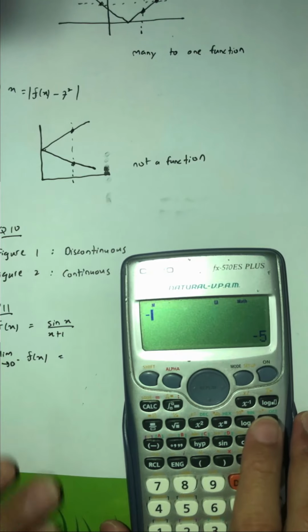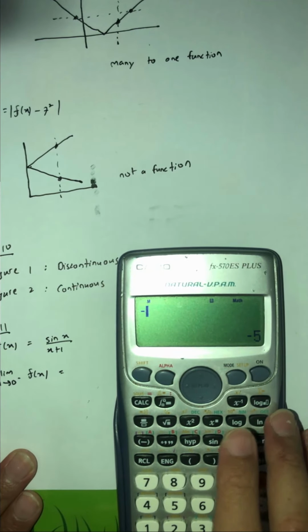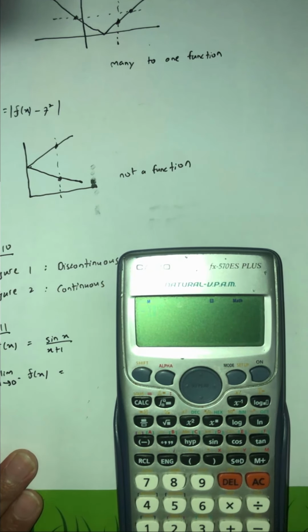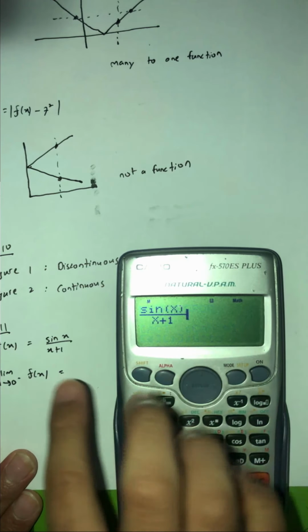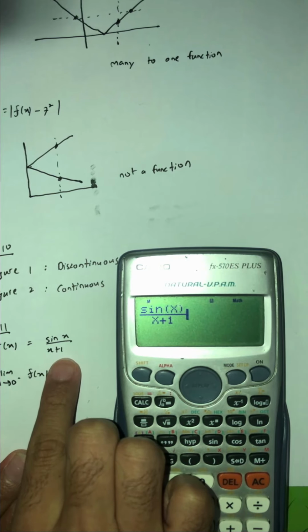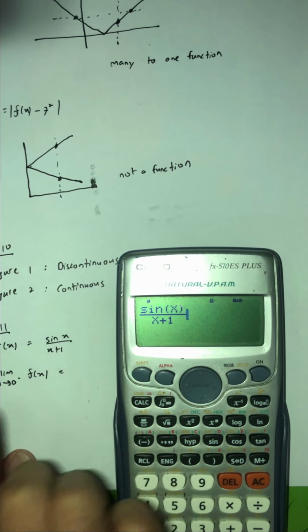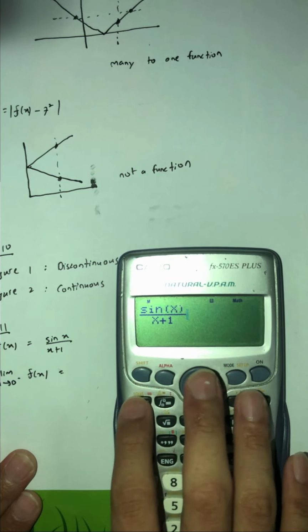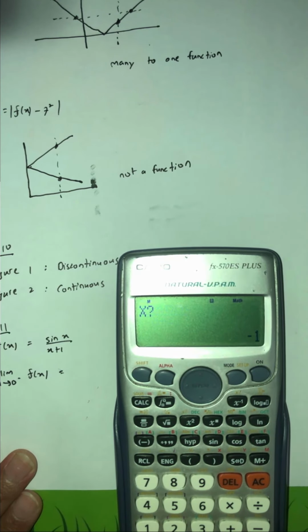Okay, now let's put -1 first. You cannot put -1. Why? Because -1 plus 1 is 0, right? So cancel -1. What is after -1? I'll try -0.9.